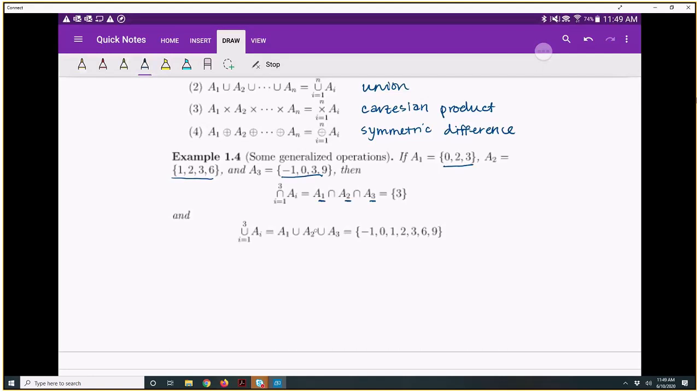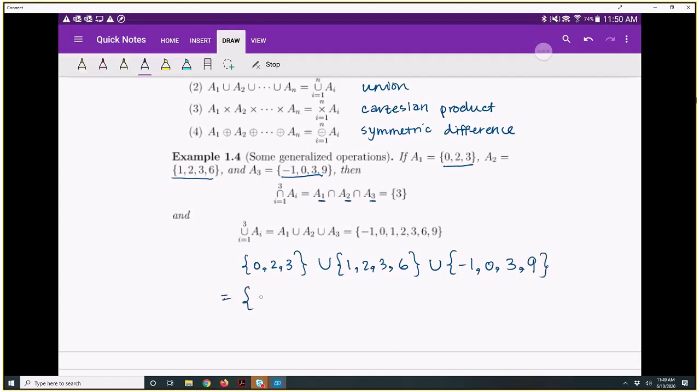We could also do their union, starting with the initial index of 1 and taking the union of all the sets, counting up in the indices until we get to the terminal index of 3. Then that would be just {0, 2, 3} union {1, 2, 3, 6} union {-1, 0, 3, 9}.